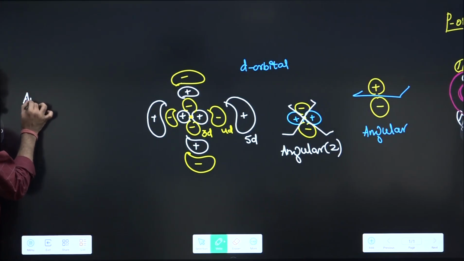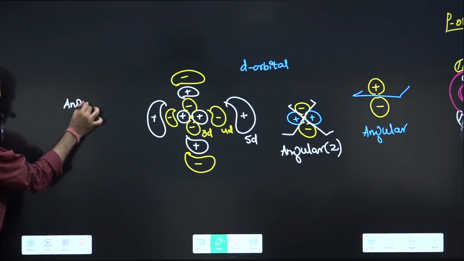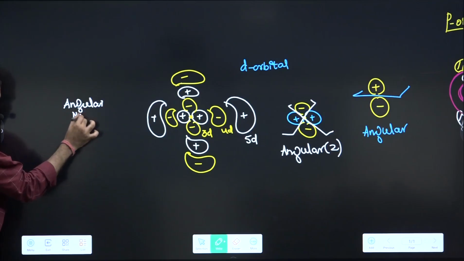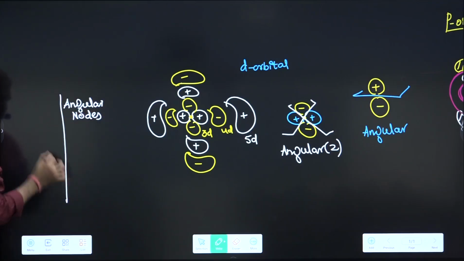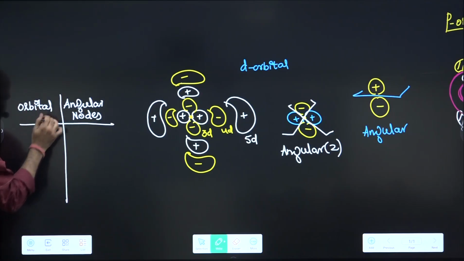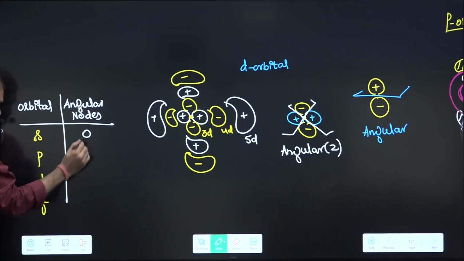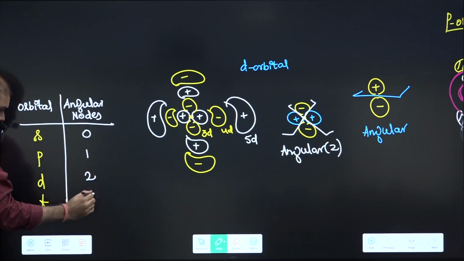First of all, I'm giving angular nodes. Zero, 1, 2, 3.